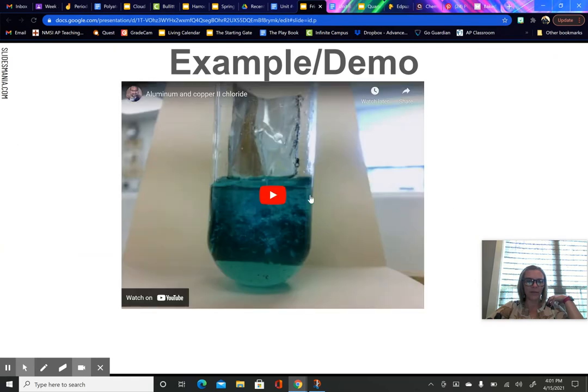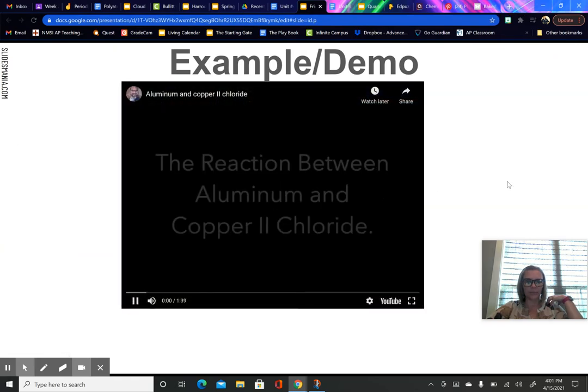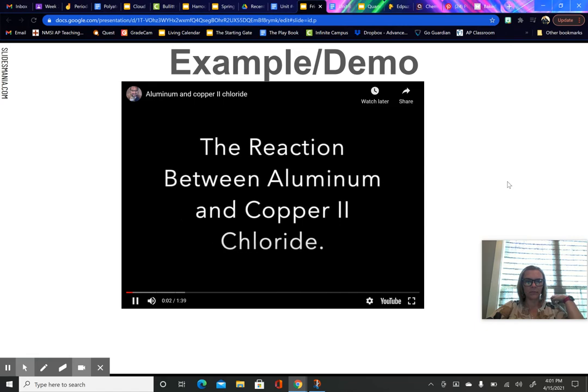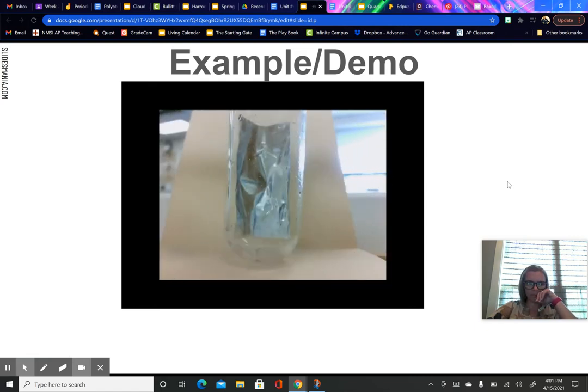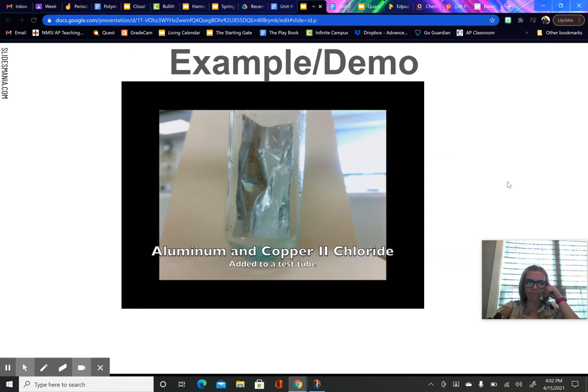All right, so let's see what happens here. A tiny piece of aluminum in a test tube, and we're going to add some copper 2 chloride to it.